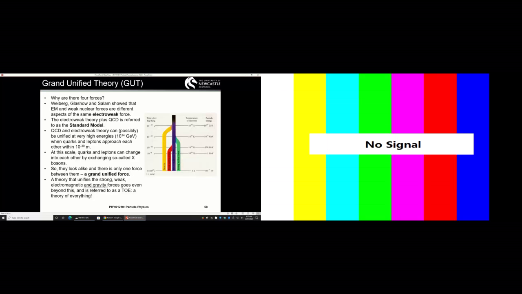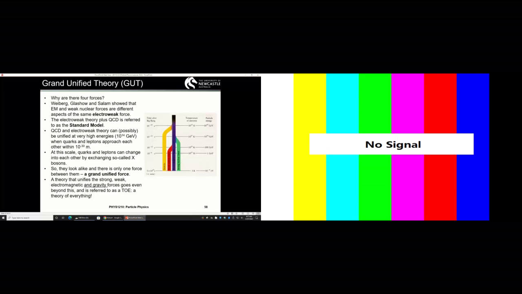So, a theory that is able to put together the weak and the strong and the electromagnetic forces is called a grand unified theory. And so far, we don't have one. We have managed to unite the weak and the electromagnetic, but so far not the strong.